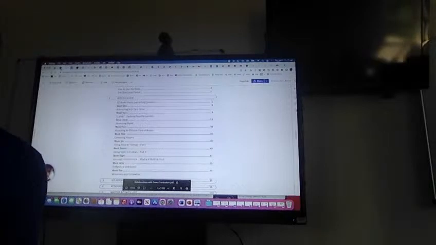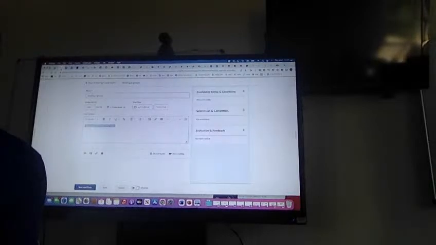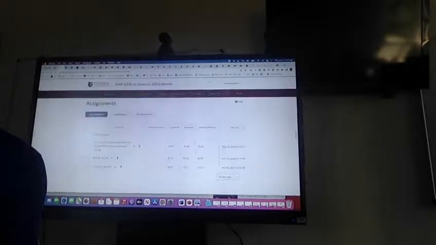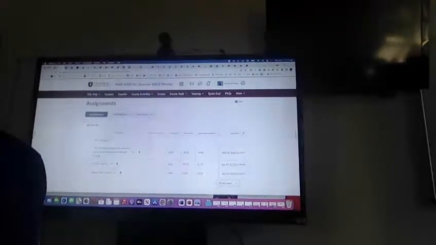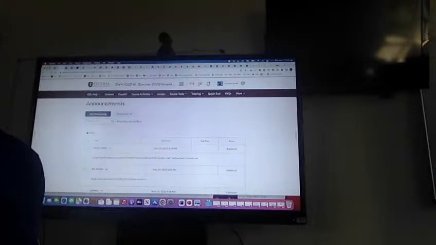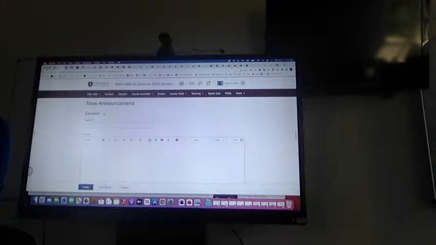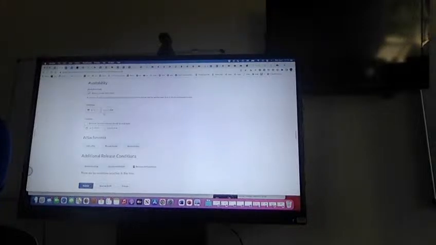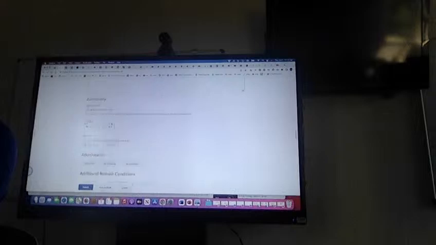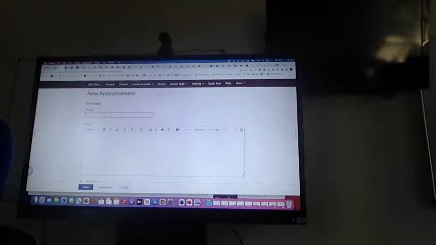So that gives you a good list, and it literally from start to finish will show you how to lead the groups. It tells you what to start with. It tells you what to work with. So I'll label this new announcement guide on how to lead your group, if it lets me label it.